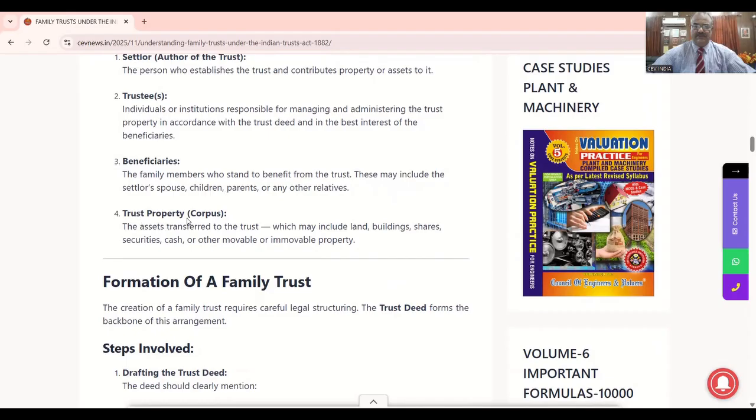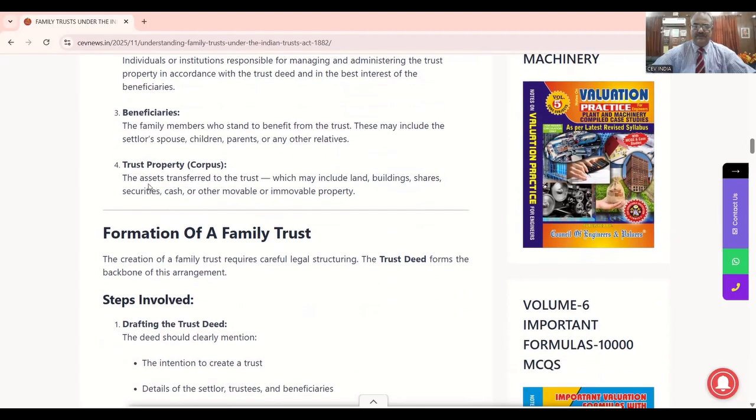Now, trust property, it is also called as corpus. The asset transferred to the trust, which may include land, buildings means residential house, commercial property, or any other building.